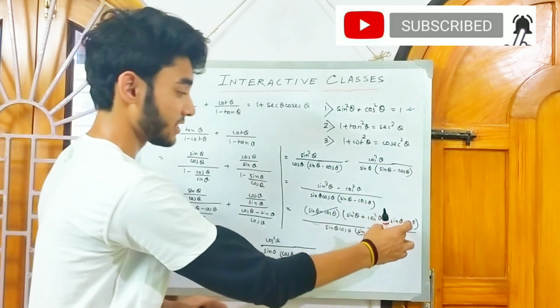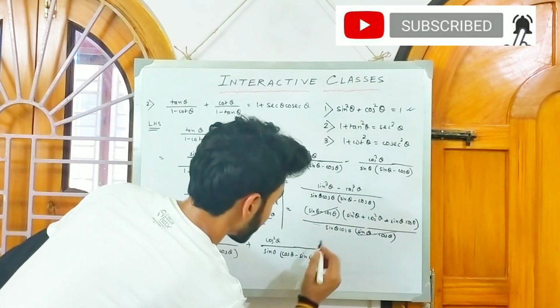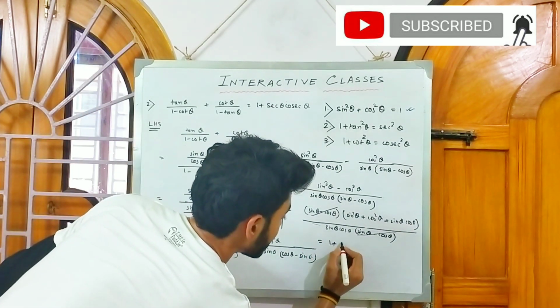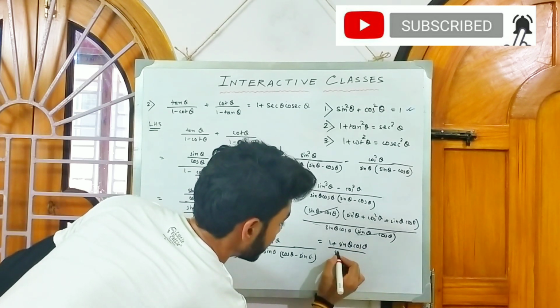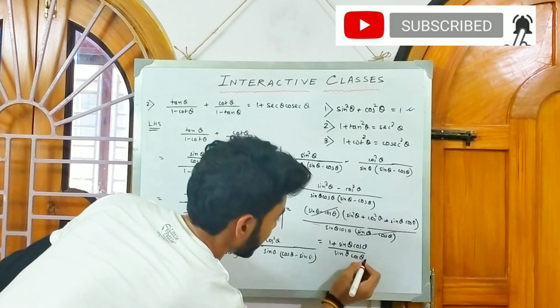So we get 1 plus sin theta cos theta over sin theta cos theta.